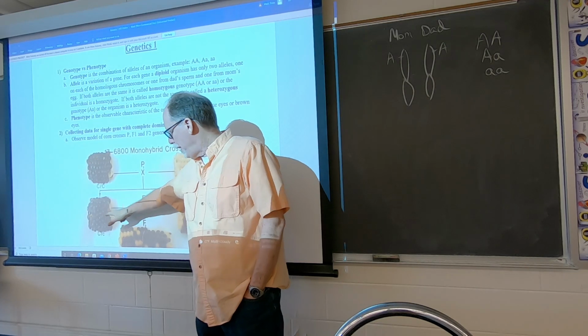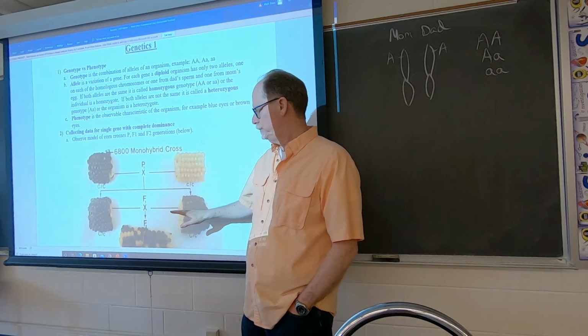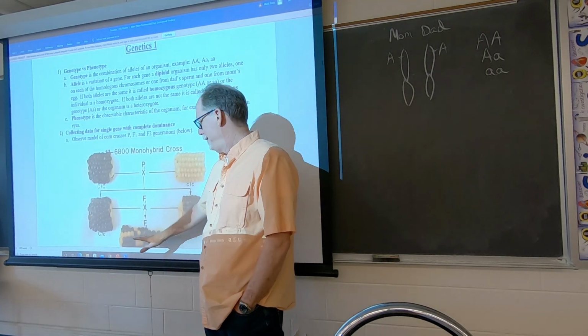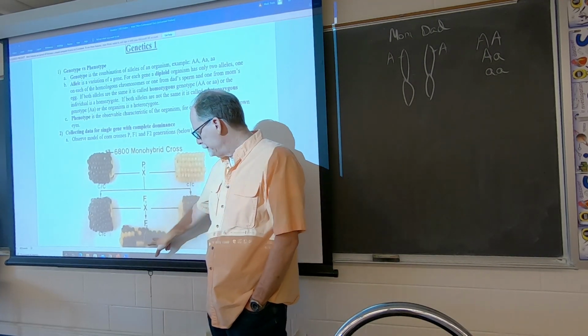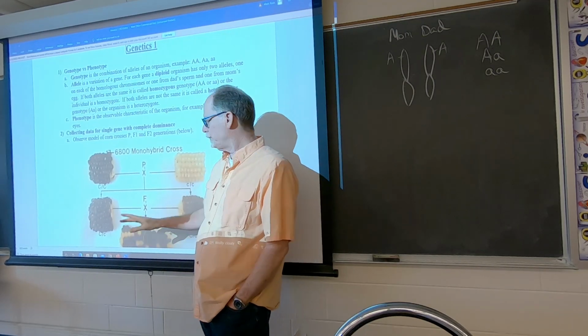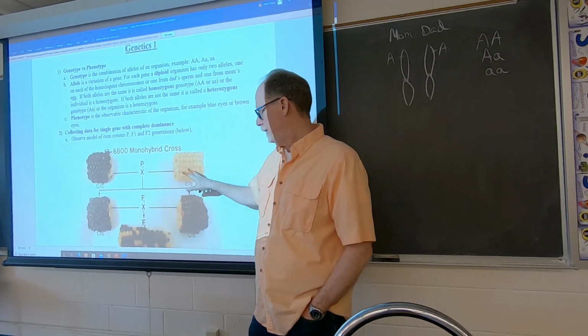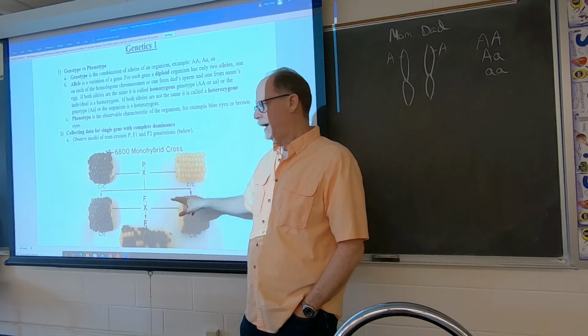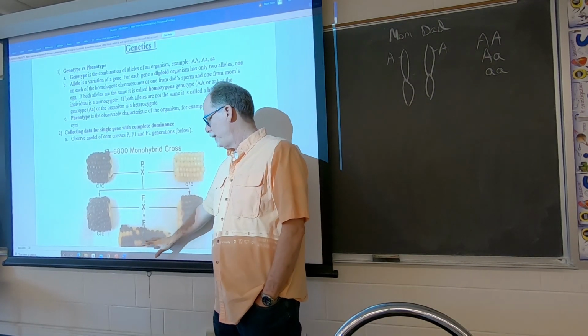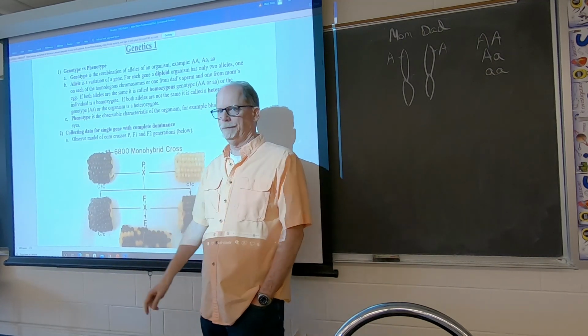When they cross the F1s, and they had baby corn, then the corn had a mixture. Some of the seeds show the recessive phenotype, but most of the seeds or kernels show the dominant phenotype.